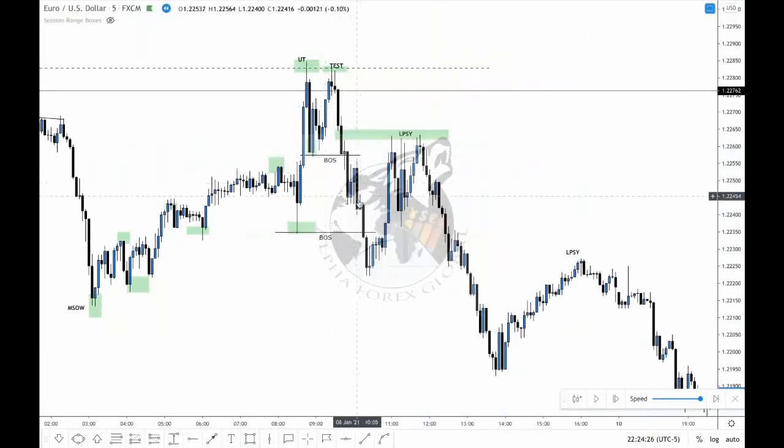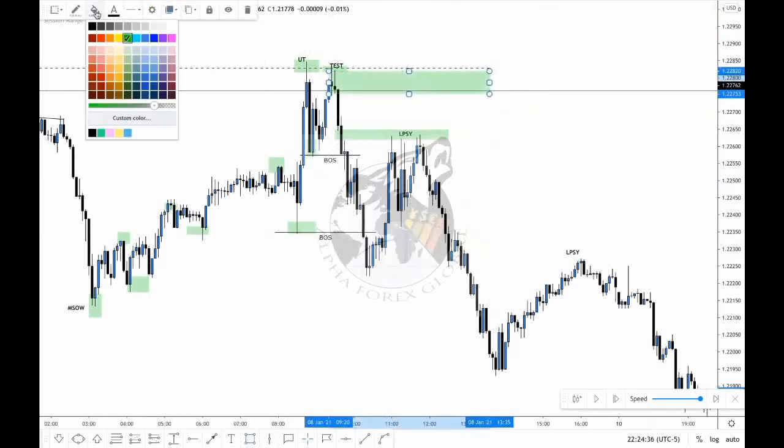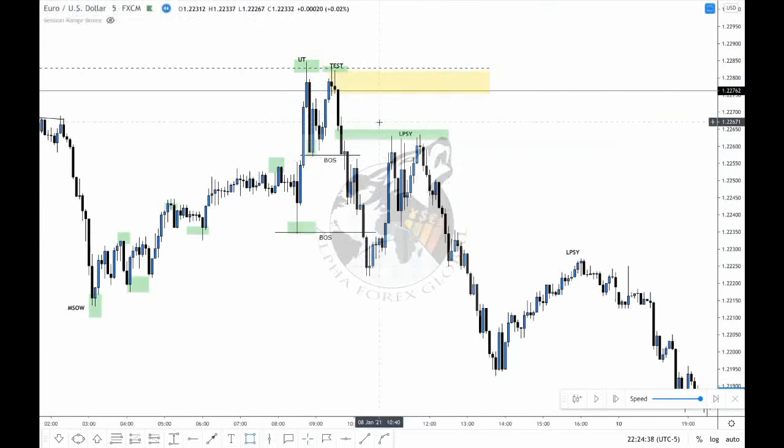As a matter of fact, here we have two entries. So this is the decisional entry. So right here we have the decisional entry and we have the extreme entry. So you could basically play both of them.